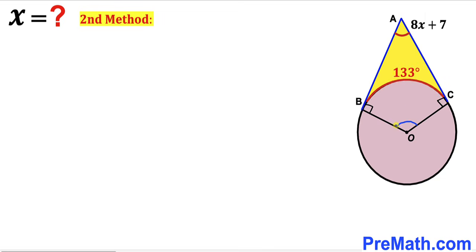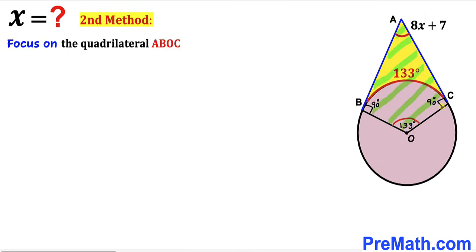So this angle BOC turns out to be 133 degrees as well. In the next step, we focus on this quadrilateral ABOC, whose four interior angles are 8x plus 7, 90 degrees, 133 degrees, and finally 90 degrees as well.